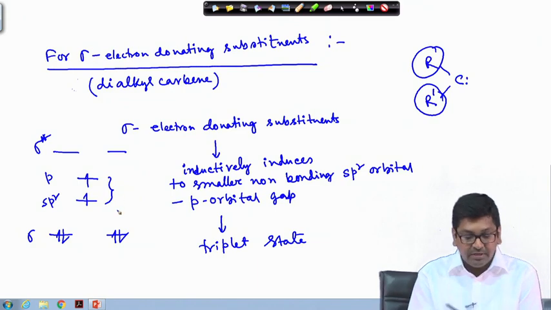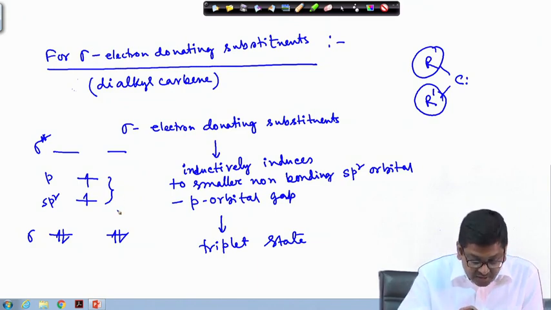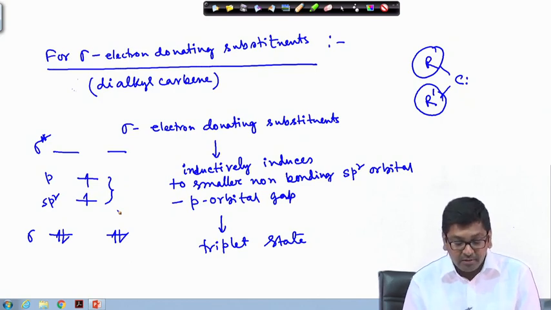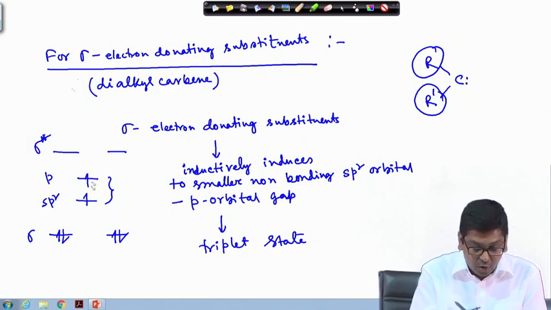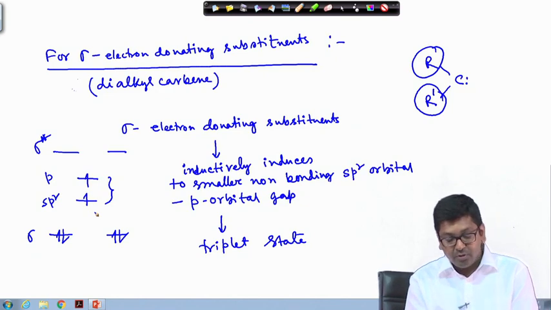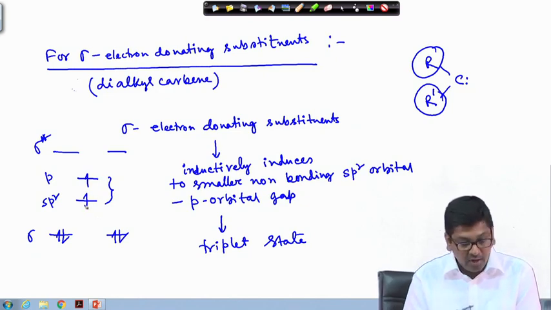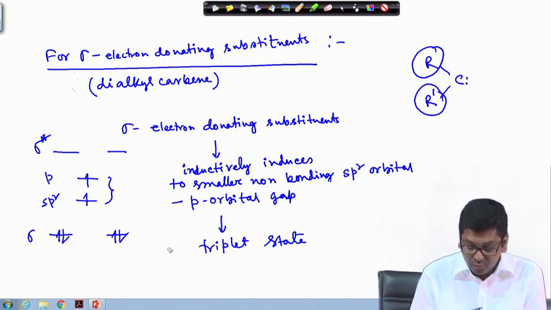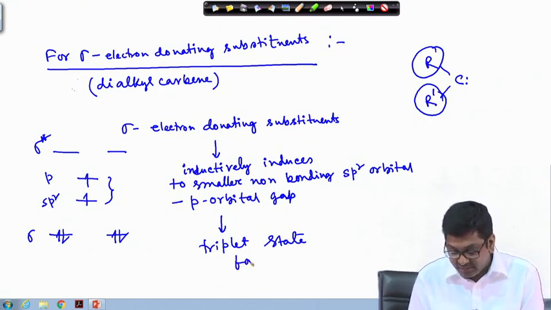Once this energy decreases, the carbene wants to stay in the triplet state, because the energy difference between sp2 and p is now lower. So the triplet state is favored.